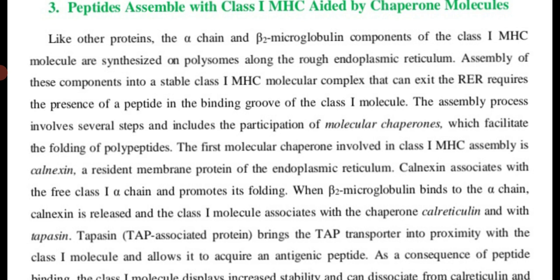Calnexin associates with a free class I alpha chain and promotes its folding. When beta 2 microglobulin binds to the alpha chain, calnexin is released and the class I molecule associates with another two chaperones, calreticulin and tapasin.